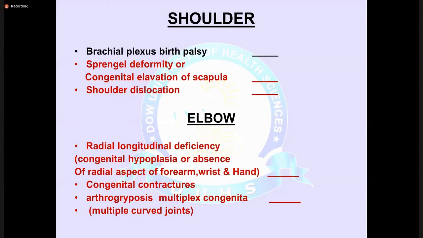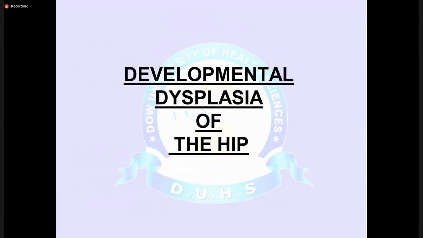Congenital contractures, any arthrogryposis multiplex congenita, where there is contracture of multiple joints. You can see it even in the mothers, and usually with oligohydramnios, these problems can occur.